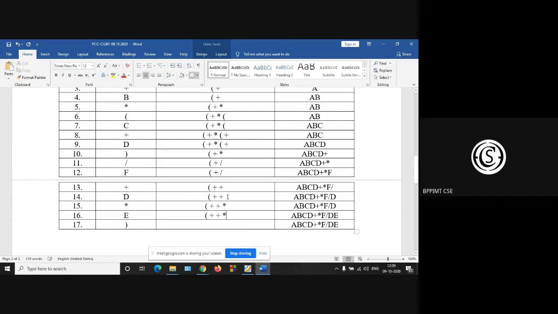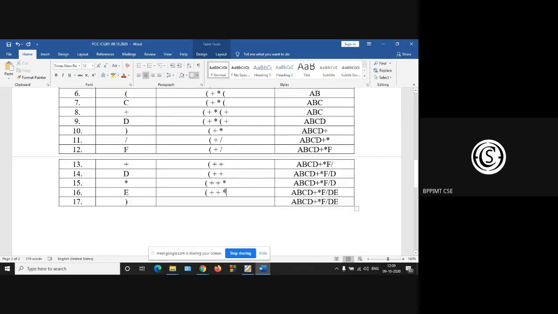Yes, first pop. So imagine this stack. What will be the stack top? Plus will be the stack top. So first of all, you have to pop this star. Then this plus. Then this plus. So this is the final answer.